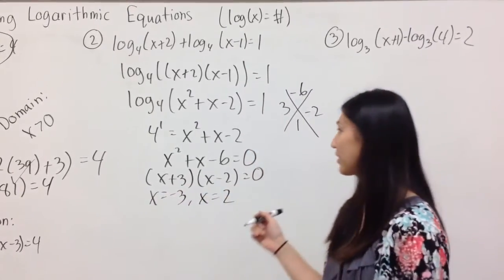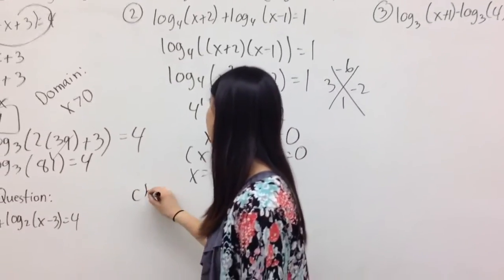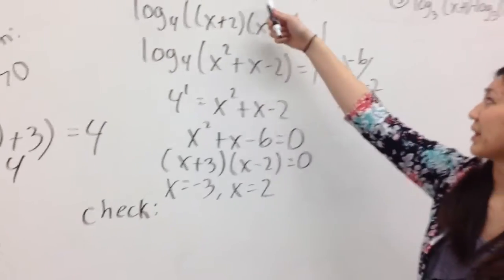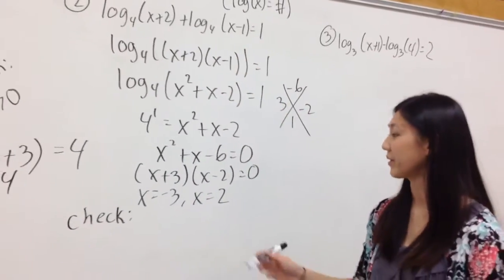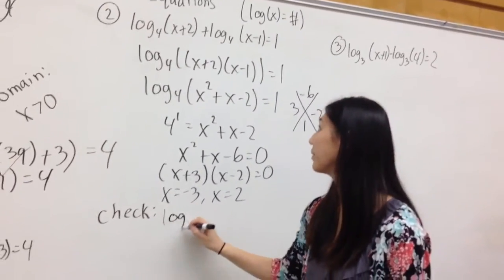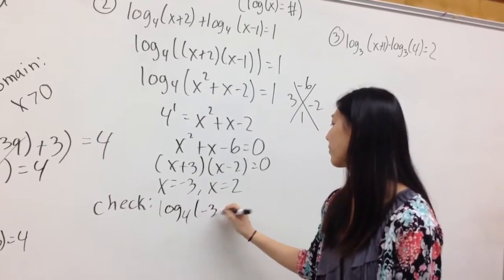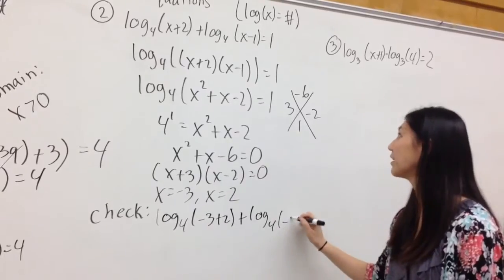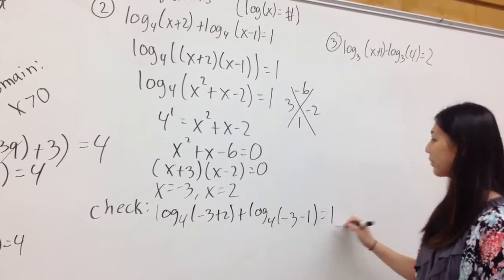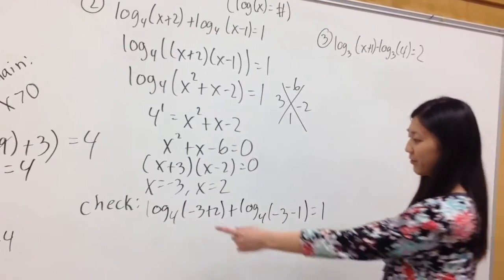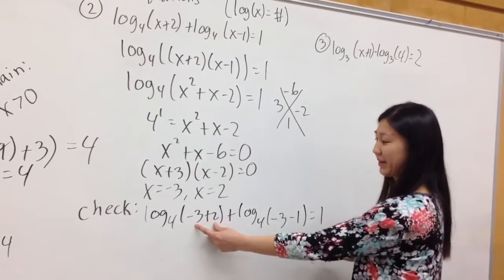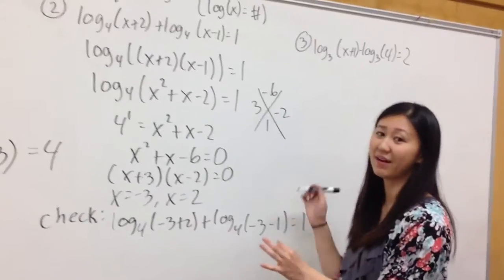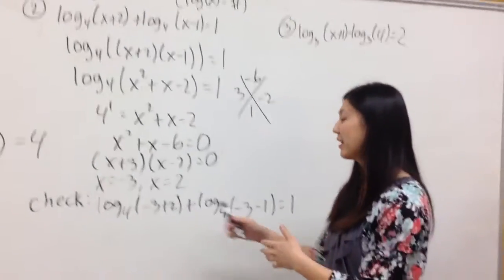I still need to check this. So when I check it, again, I'm using that very original equation right there. It's log base 4 of negative 3 plus 2 plus log base 4 of negative 3 minus 1 is equal to 1. Now, negative 3 plus 2, that's a negative number right there. Negative 3 minus 1, that's also a negative number. And remember, we cannot have any negative numbers in our log, right?